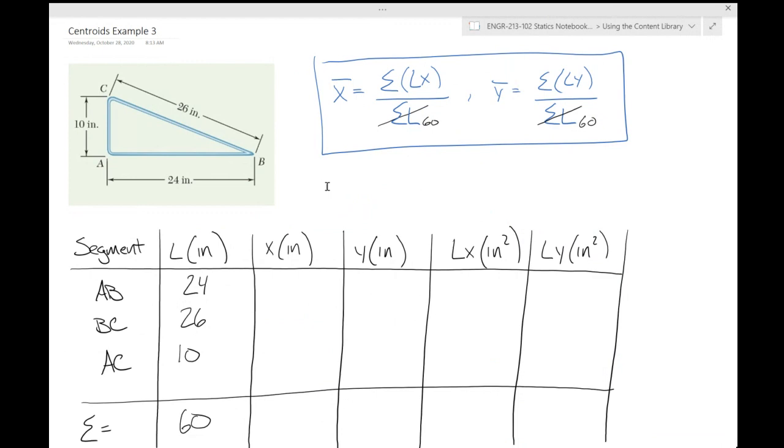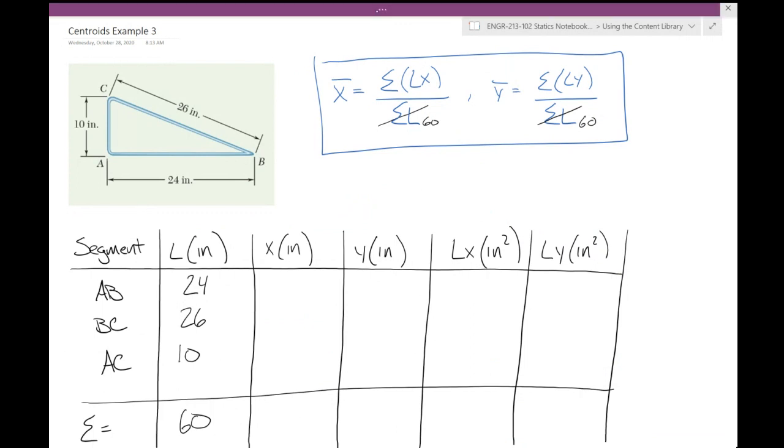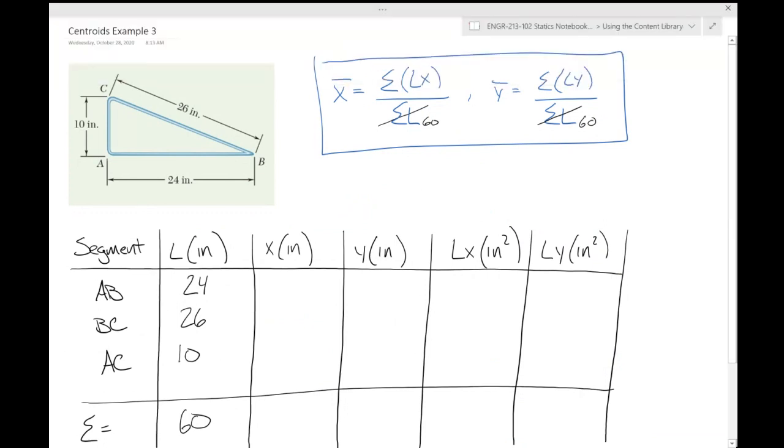Well, what do you mean, centroid? In order to express the coordinates of the centroid, we need to define those coordinates with respect to a given coordinate system. And so what that means is we need to define our own coordinate system. So I'm going to do that right now. Here's the thing: it doesn't really matter what coordinate system you use. You could put the origin anywhere.